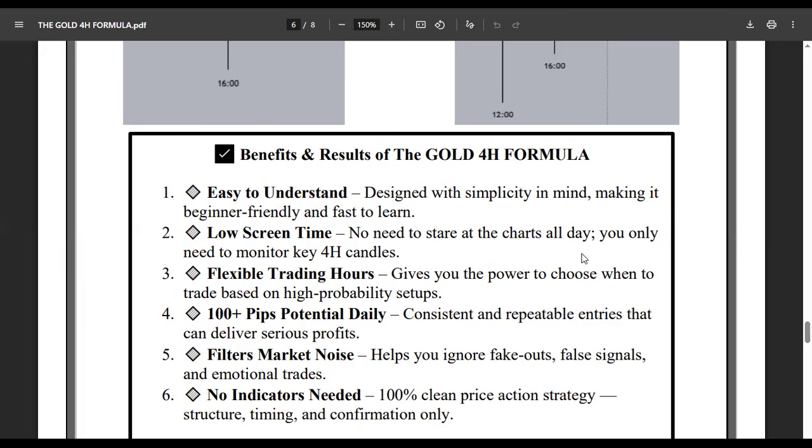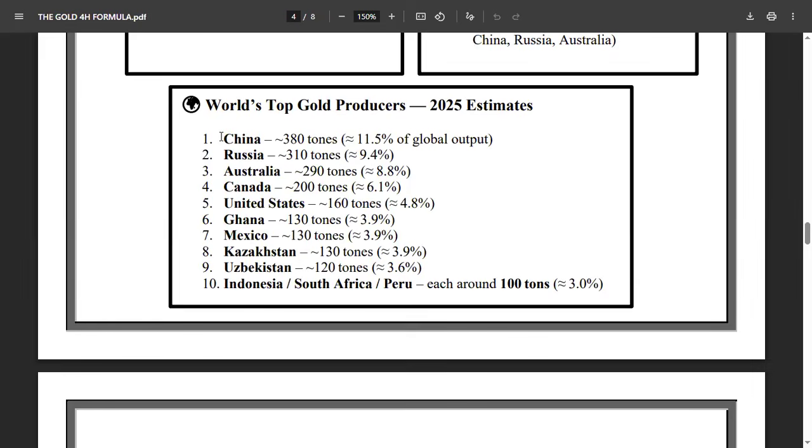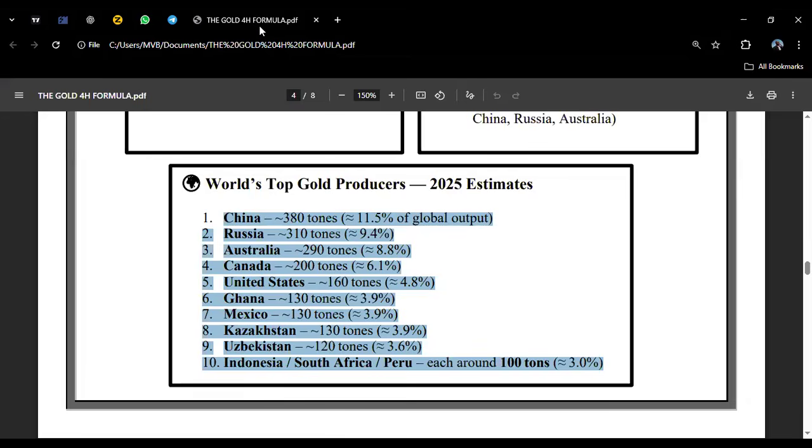You need to read this information, especially here on the main participants and the top producers. People ignore all these countries that produce gold most of the time. They provide news that Forex Factory cannot provide. That's why in my WhatsApp channel, I told you that there are many websites that provide relevant information on trading gold rather than Forex Factory.